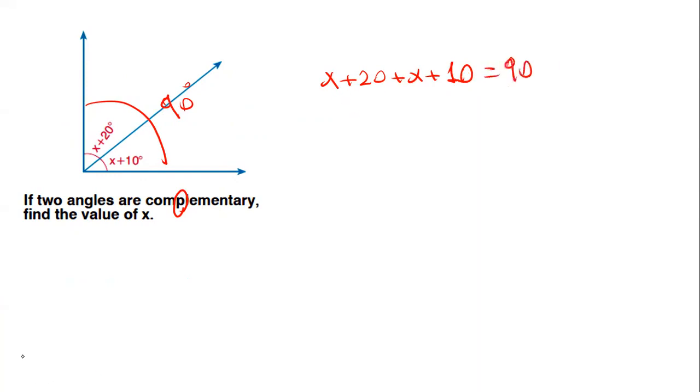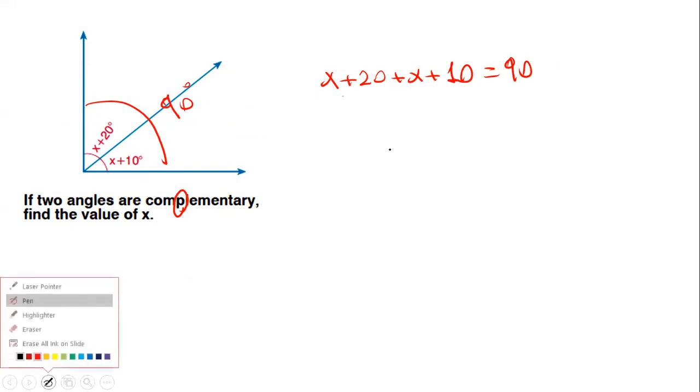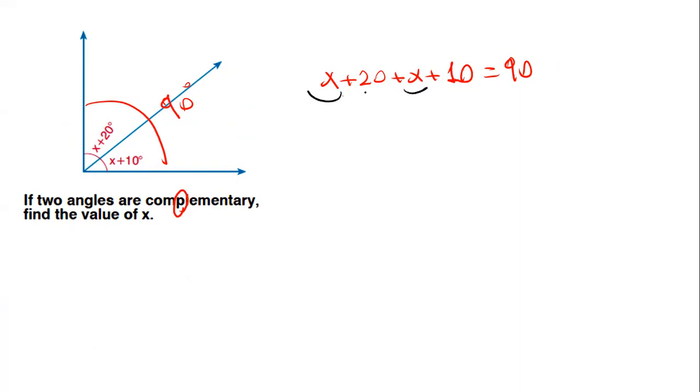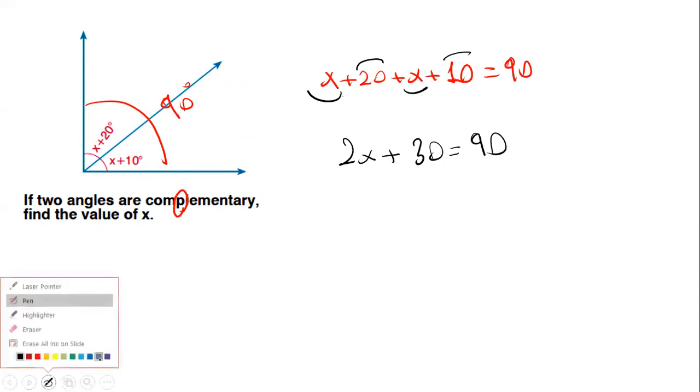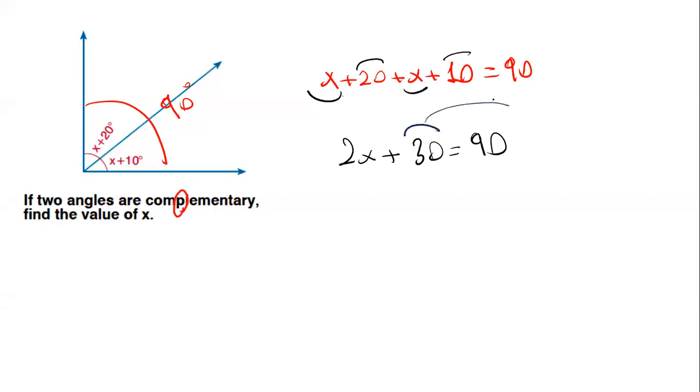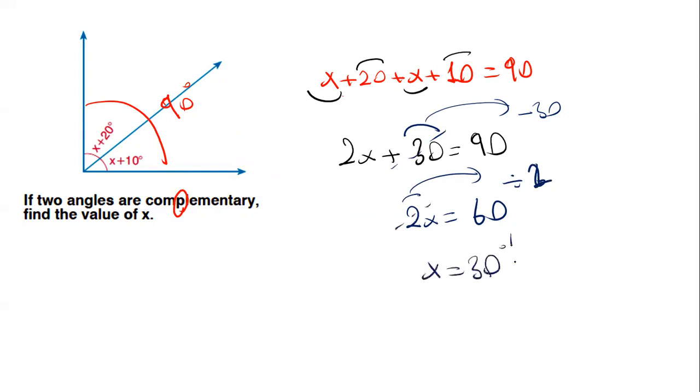Now I have 1x and 1x, which is 2x, plus 20 plus 10, which is 30, equals 90 degrees. Then I leave the unknown alone. So this goes there as subtraction, which gives me 2x equals 60. And then this goes there as division by 2, and x is going to be 30 degrees.